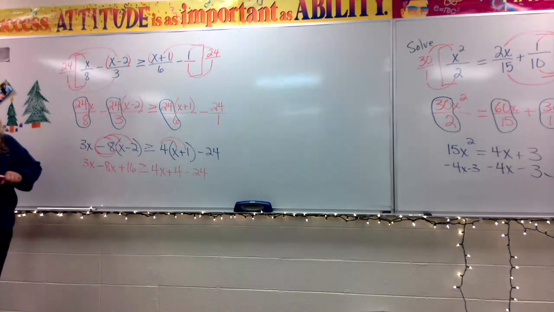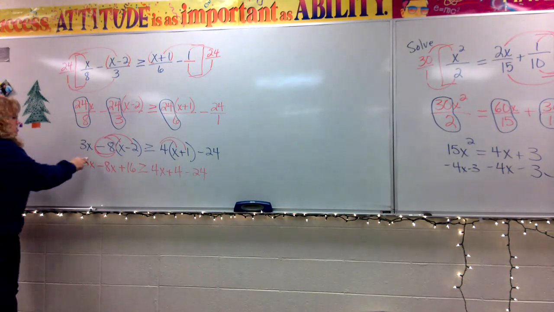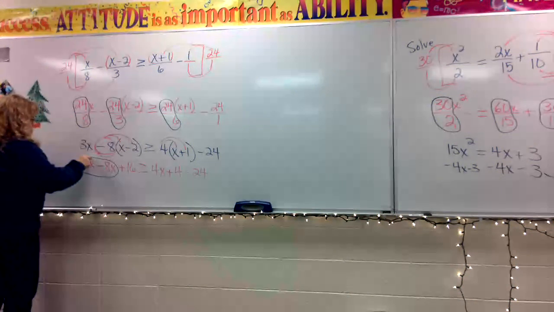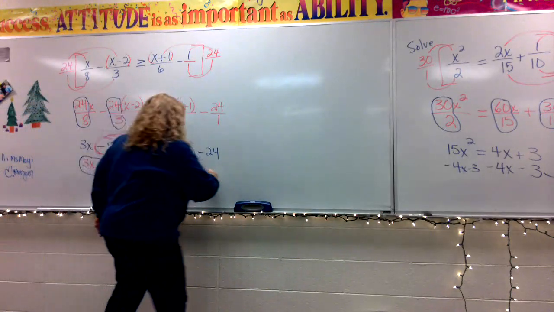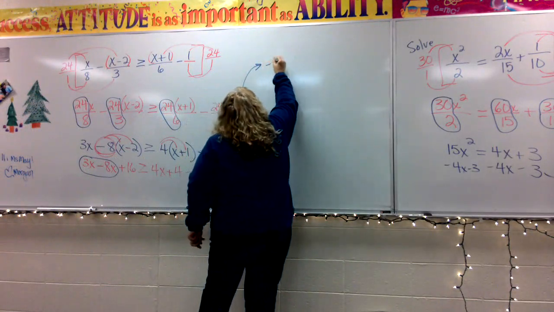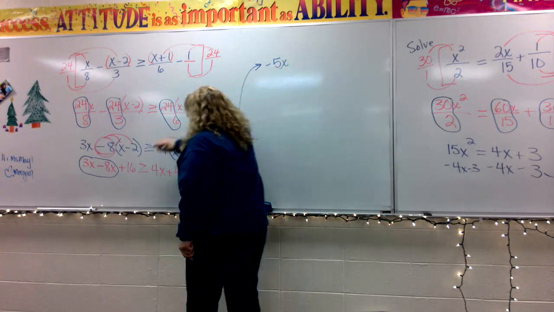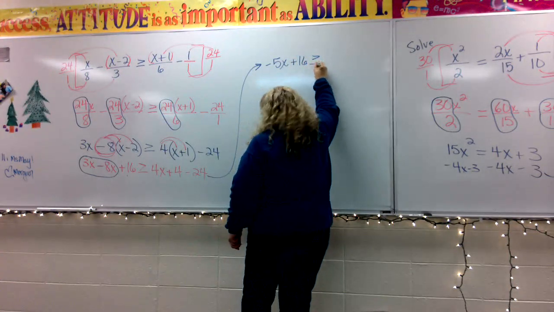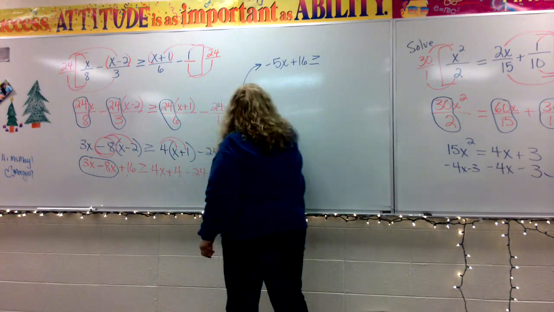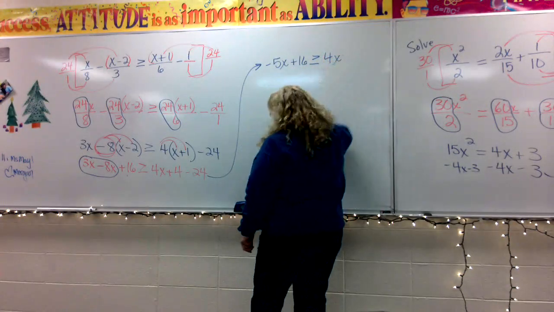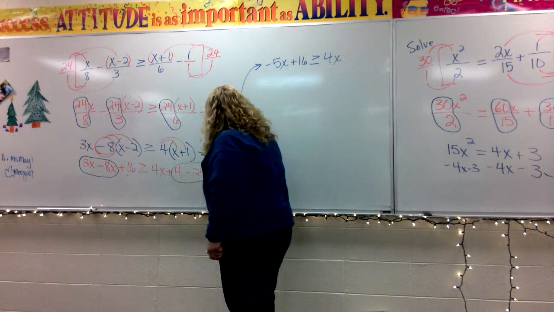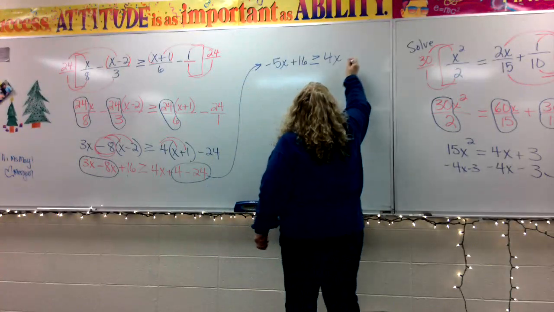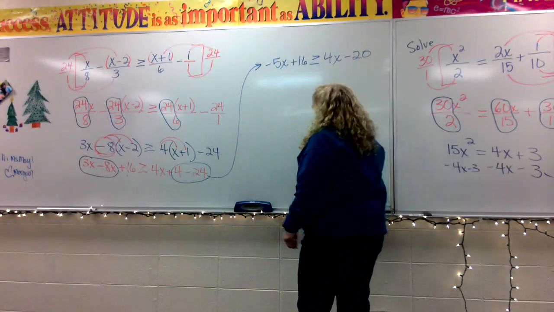Oh, like terms. I think I have some like terms. What do you get here? Negative 5x. And then I have this plus 16, greater than or equal to, I have 4x and this minus 20 maybe.